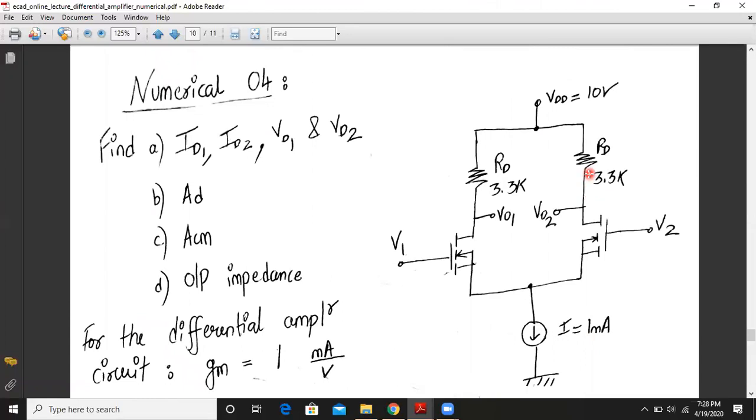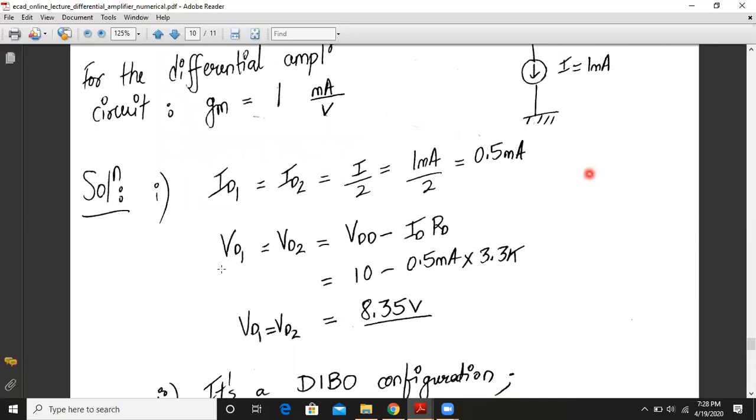Both will be same because the circuit is symmetric. So VD1 will be equal to VD2 will be equal to VDD minus IDRD. That will be 10 minus 0.5 milliamperes into 3.3 K. If you work it out, it will come out to be 8.35 volts.